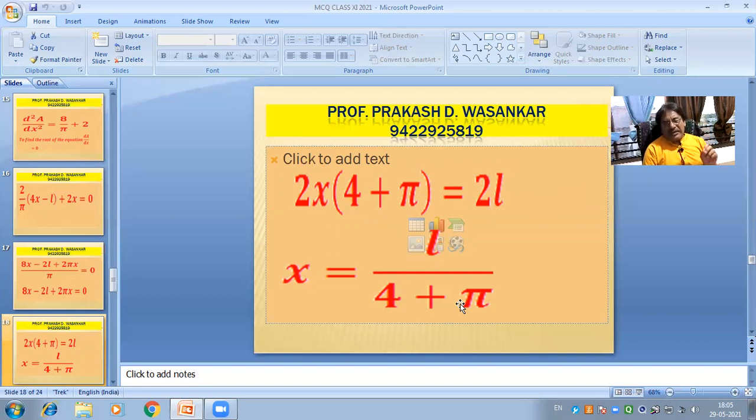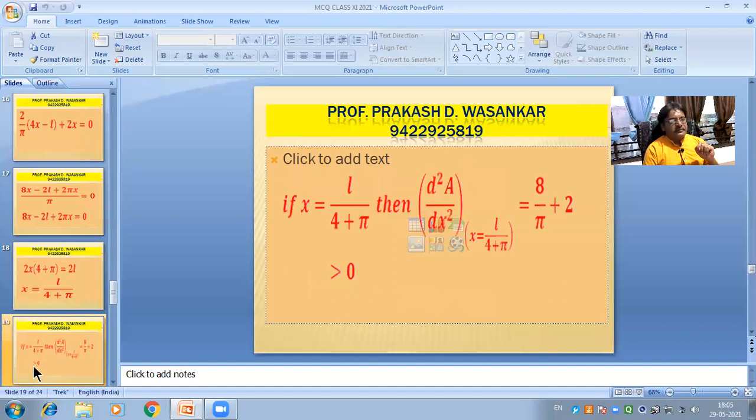And here to show that for this value of x the area A is least. If x is equal to L upon 4 plus pi, this is the value of x that we just found.